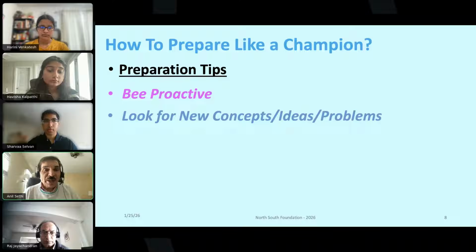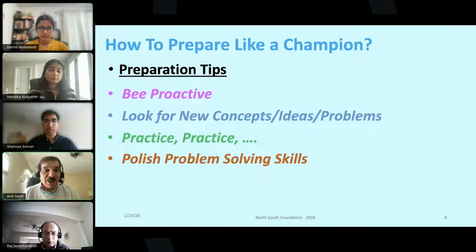Look for new concepts, new ideas, new problems, and practice. There's no shortcut to excelling in these contests. And you need to keep polishing your problem solving skills. You will often find that there are different ways of approaching a problem, and sometimes alternate methods teach you something unique about the problem.